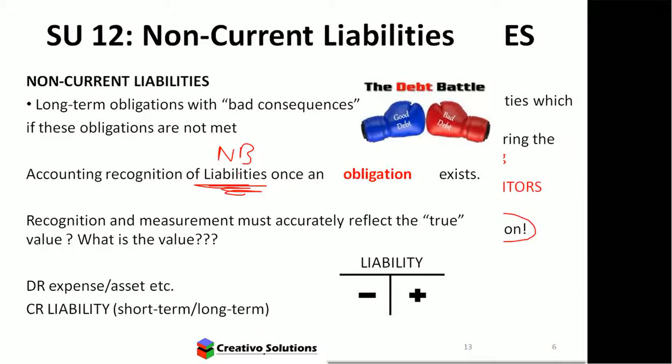Right, the recognition and measurement we spoke about earlier when we looked at current liabilities. Is that going to be the same for non-current? Yes, it would. Okay, so with non-current liabilities, you're also going to have the value of the liability, be it the loan, be it whatever the case might be, and you'll have a value, meaning how much it is actually worth.